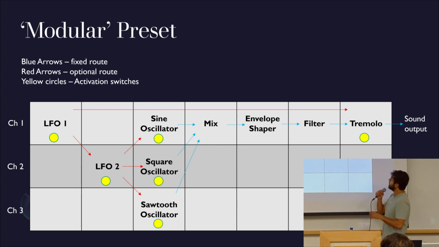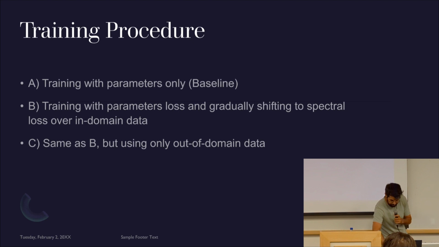We have a filter, tremolo effect. Tremolo is a kind of amplitude modulation. And we have 2 low frequency oscillators that are control signals for other sound modules. And we can also route them differently, okay? And we want to see that we can predict that.